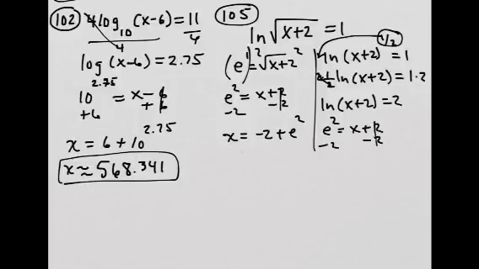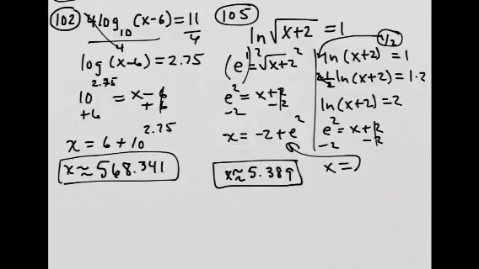Subtract the 2, and x is the same as that, right? Again, I'm just offering it as an option. Some of you might see it that way easier. So now we take a calculator to get the value, and after you put it in a calculator, you get 5.389.